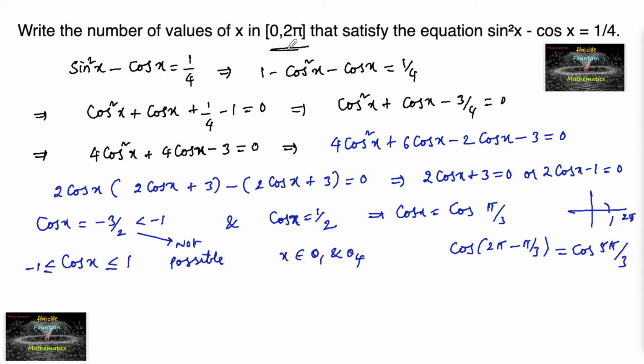So the number of values of x for which the condition is satisfied is x is equal to pi by 3 and x is equal to 5 pi by 3. For these two values of x in 0 to 2 pi, the equation is satisfied. Okay, correct. Thank you.